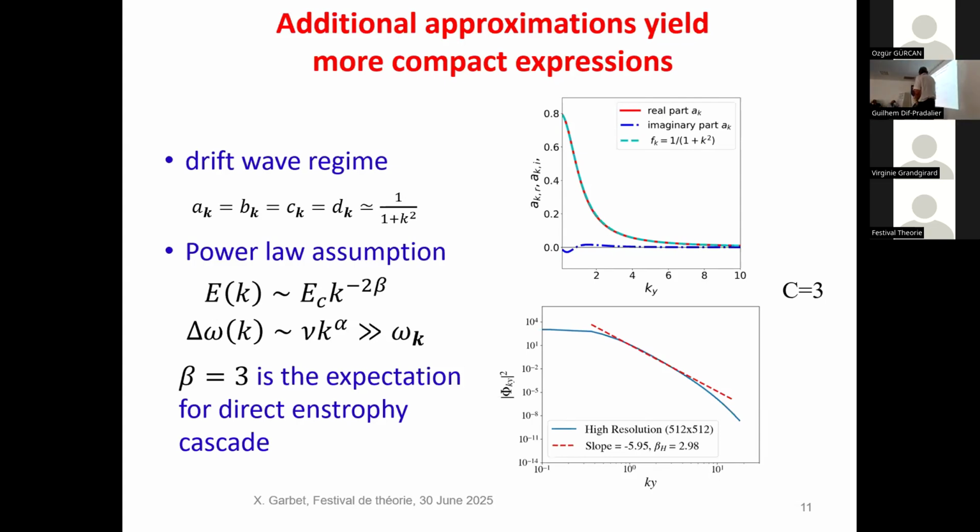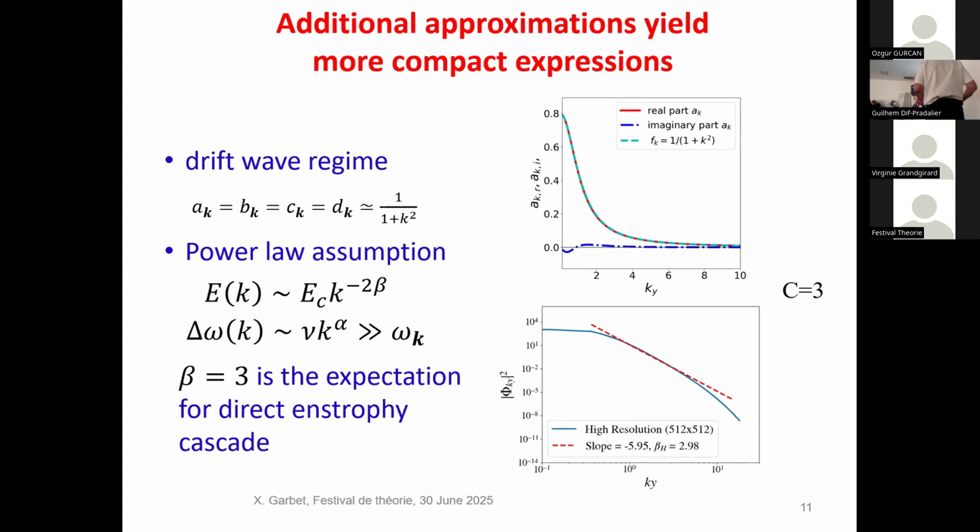And the other approximation here, which is very common, is to assume power laws in k. This is, of course, the limited analysis. So E of k is not the kinetic energy. Remember, it's phi_k squared; kinetic energy would be k squared times phi_k squared. It goes like some k to the minus 2 beta.